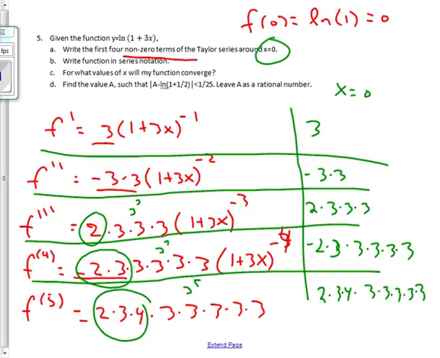And when you write it like this, it's clear to see that the number of threes is going up by 1 each time, and the factorial is going up.